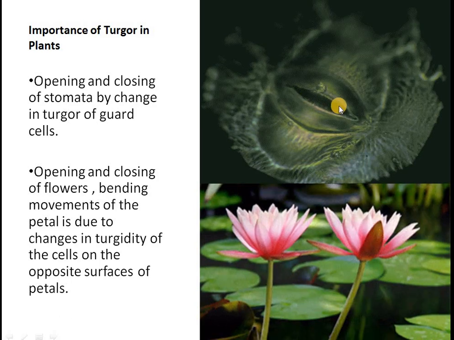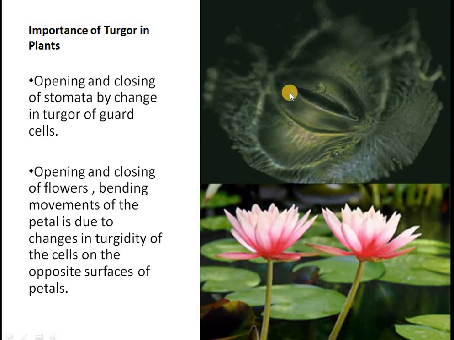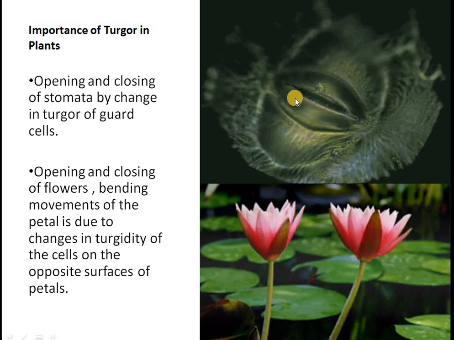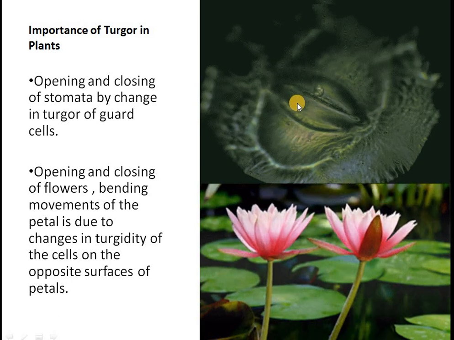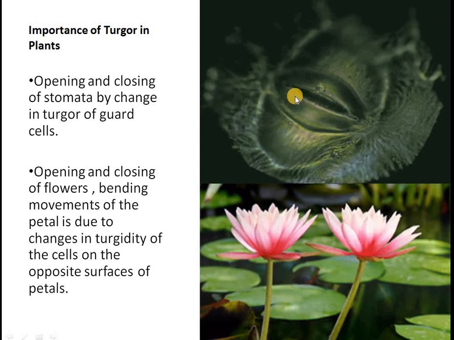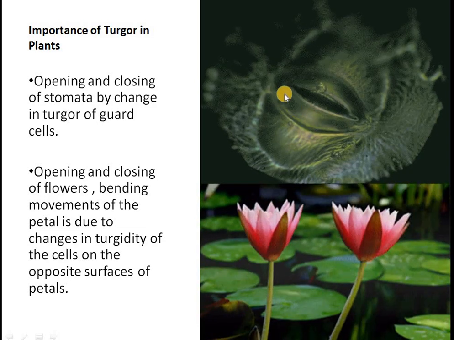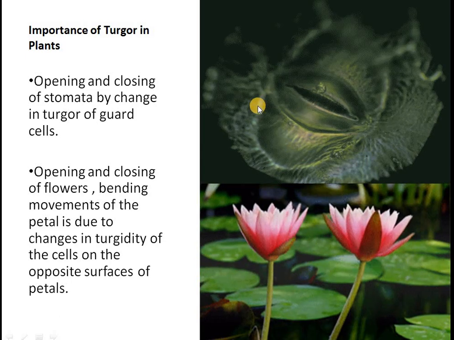How do they close or open it? Whenever the guard cells are turgid, or you can say whenever the guard cells are full of water, the stomata is open. When guard cells lose water or lose their turgidity, the stomata closes.